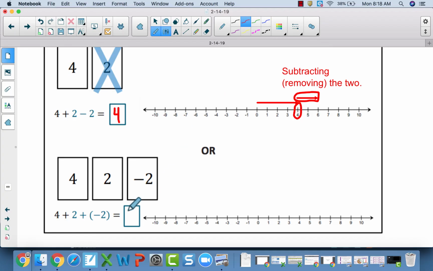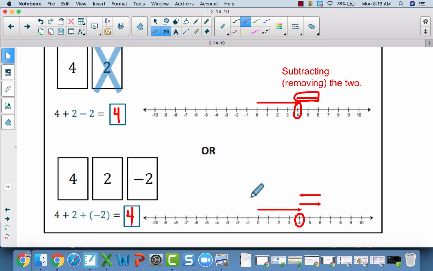Now, instead, we can look at it like this, which I'll tell you will get 4 as well. Similar vector will start by going to 4. Then it will add on 2, and then subtract away that 2. And you end up at 4.